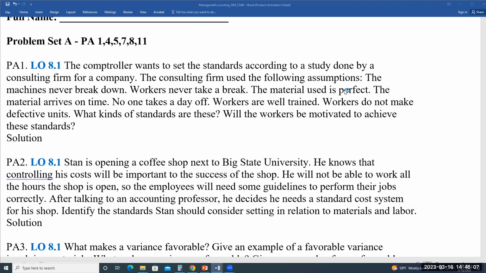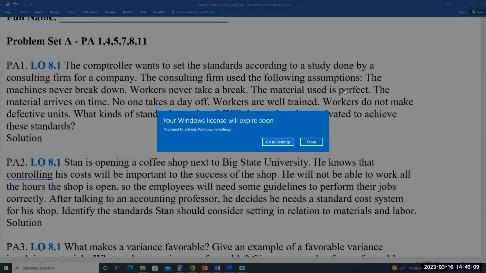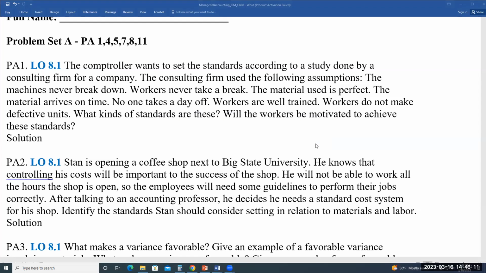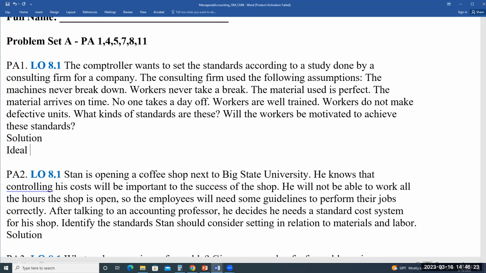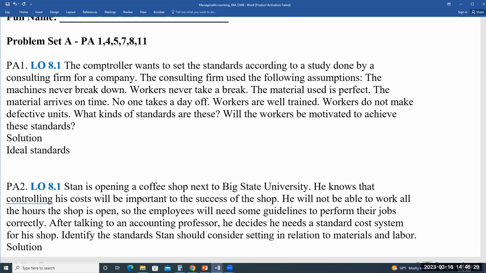Amazon warehouse standards. I love it. Amazon warehouse standards. Okay, exactly. The way the textbook describes it, they would be called ideal standards. So that is the first part of the answer, ideal standards. And the second part, will the workers be motivated to achieve these standards?